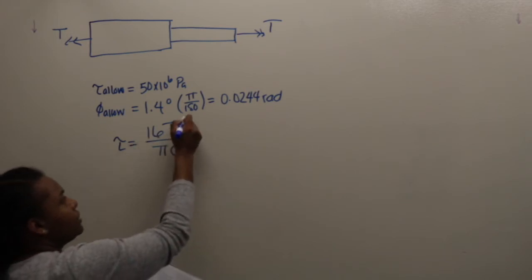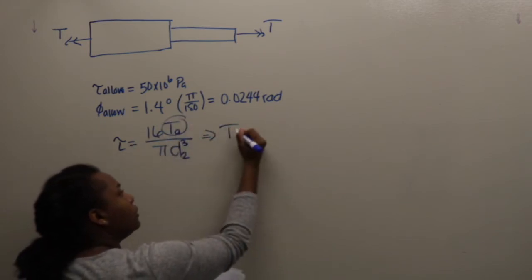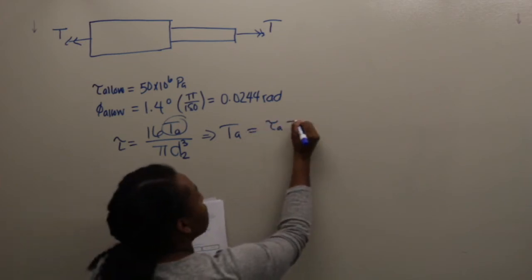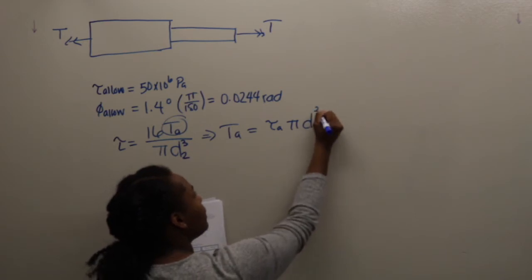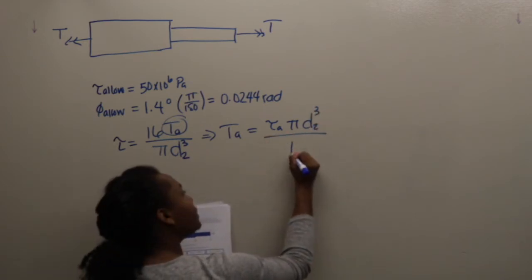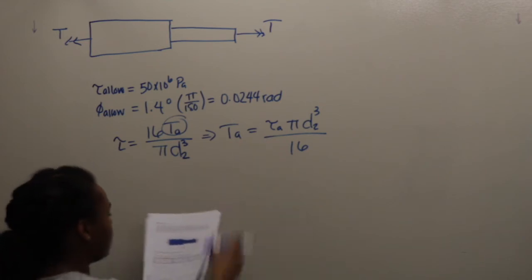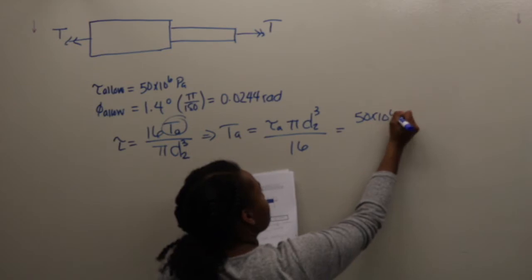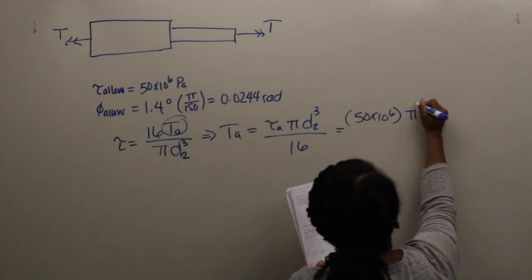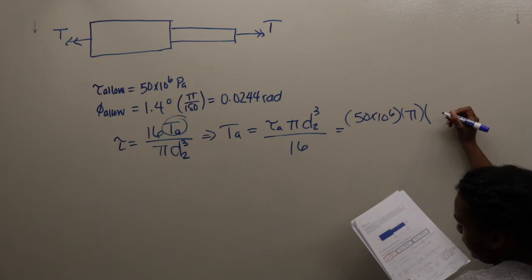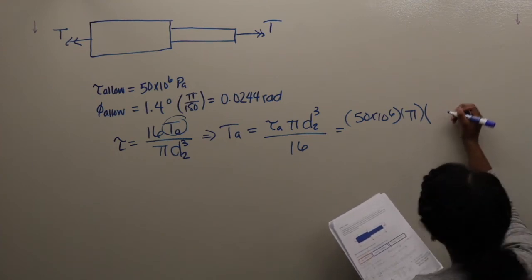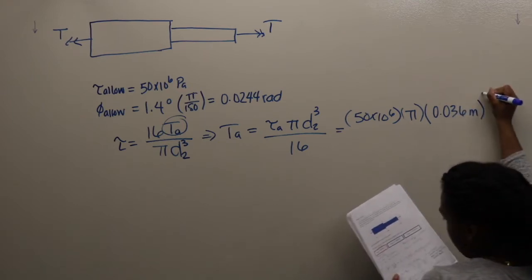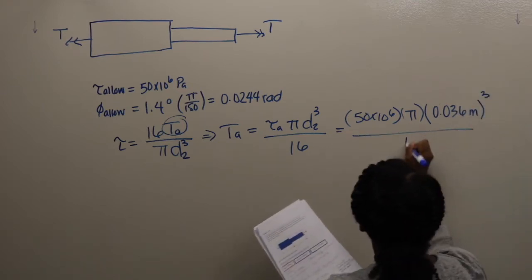So if you rearrange this equation to find TA, the torque allowable equals the shear stress times pi times d cubed over 16. Once you plug in the numbers that you are given, which are 50 times 10 to the 6, pi, and the diameter d2 is 36 millimeters, which will be 0.036 meters, and you cube that, divided by 16.